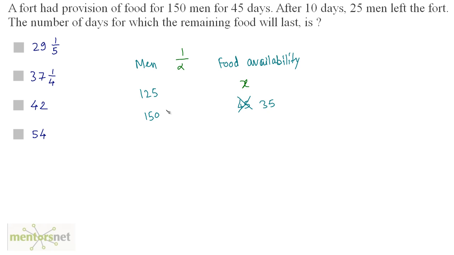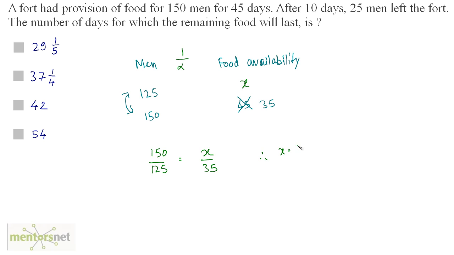Now out of those 150, 25 have left. So the remaining men are 125 men. So hence, what is the food availability? Now this is in inverse proportion, so we will have to invert one of the ratios. So we can write 150 by 125 is equal to x by 35.